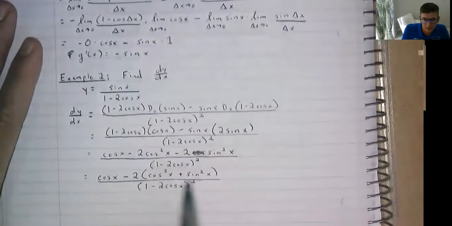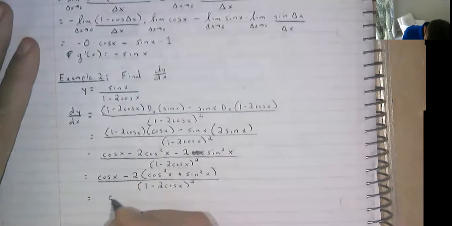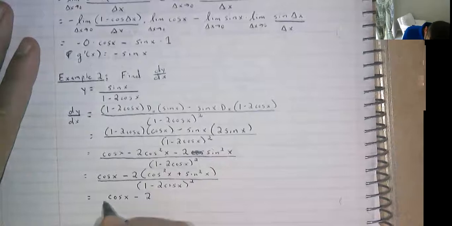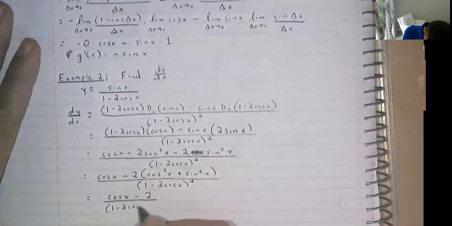And yes, indeed, this is just 1. And so this derivative ends up being simply the cosine of x minus 2, all divided by 1 minus twice the cosine of x squared.